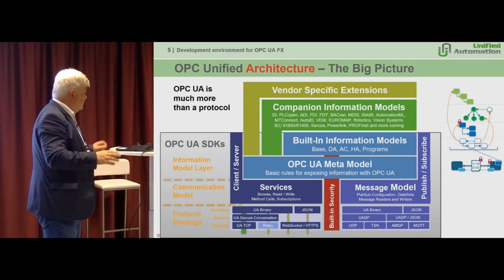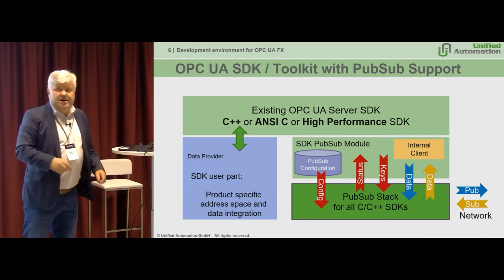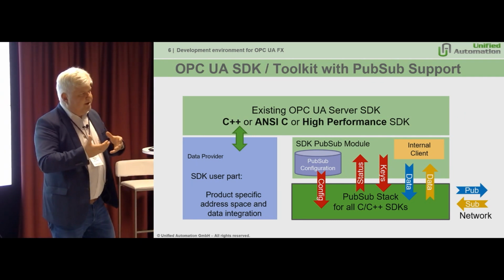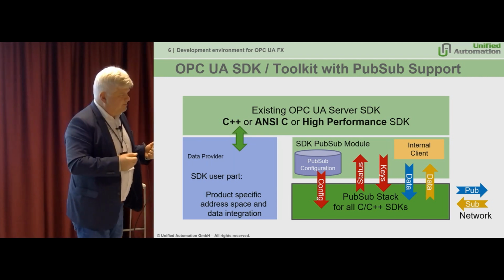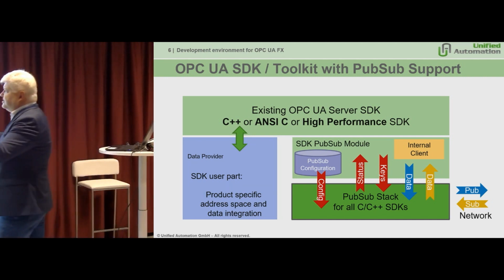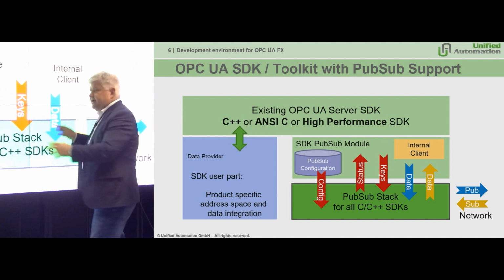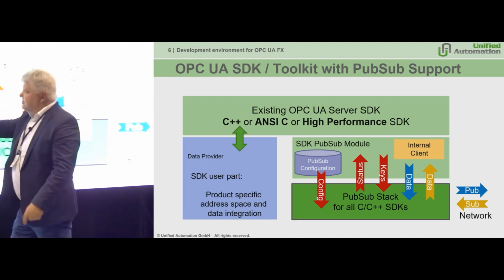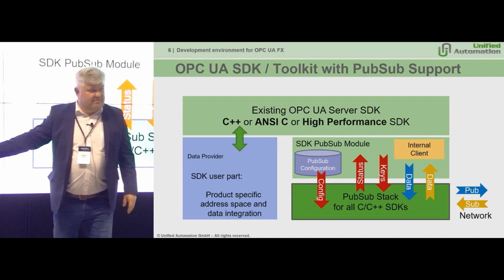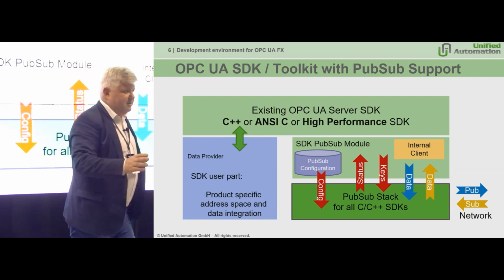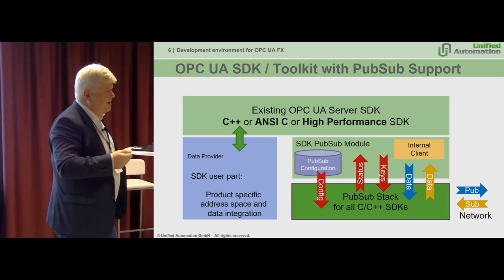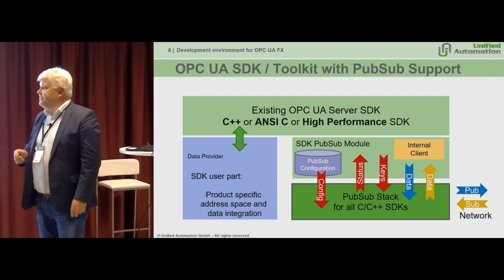That's also how we implemented our SDK extensions for PubSub: you have additional functionality that you need to integrate from the SDK, but your product integration here does not change at all. You just add an additional library that you link to your application, and then you have PubSub.